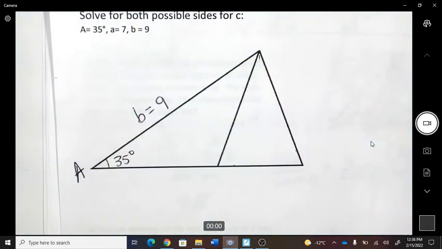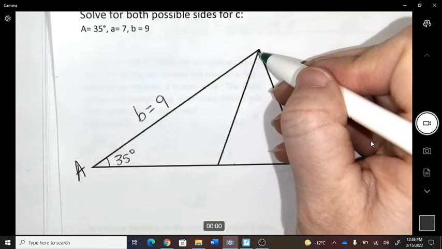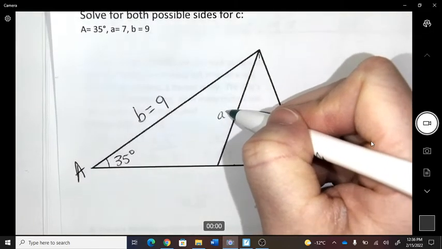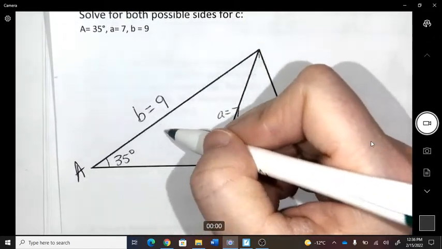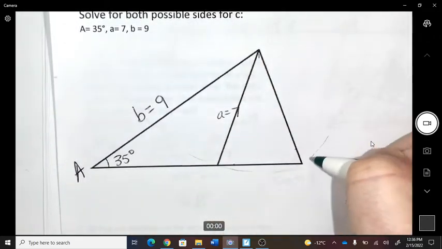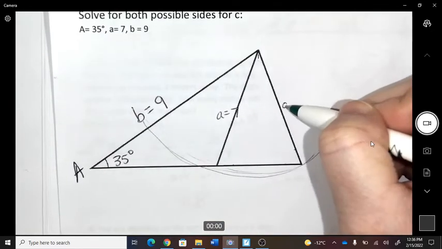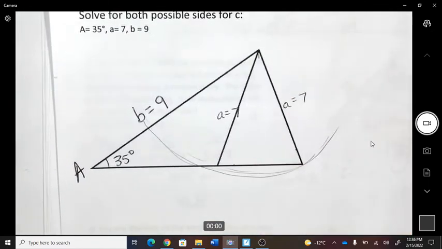Side B is adjacent to A. And then 7 is opposite. So did you see that this was the case where I swung the shorter side and it made two triangles?